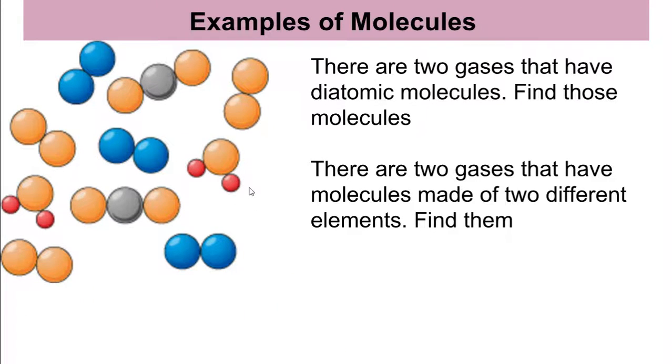Now, I have here some examples of molecules. They are gas. I know they are gas because they are spread, arranged apart from each other, and if they were moving, they would be moving randomly. By now, you should be able to see an image and know what the matter is.